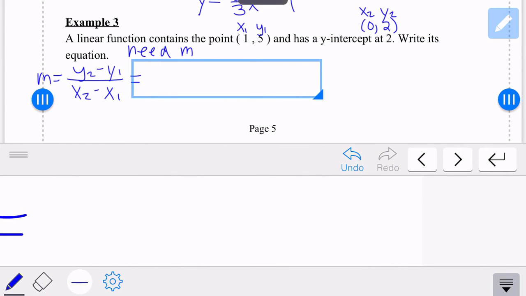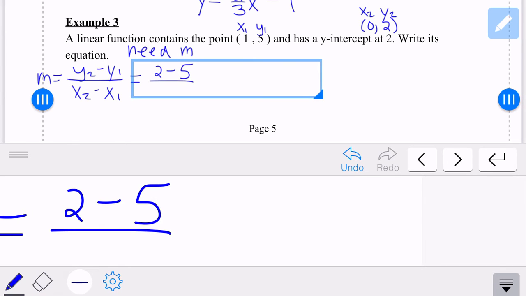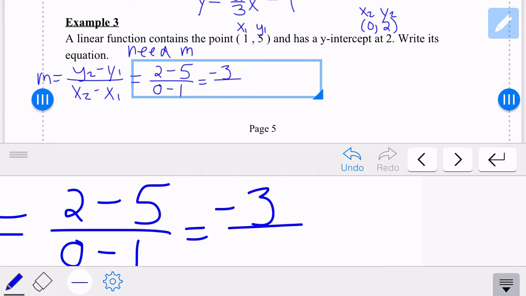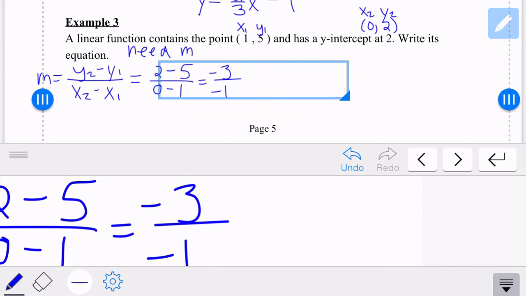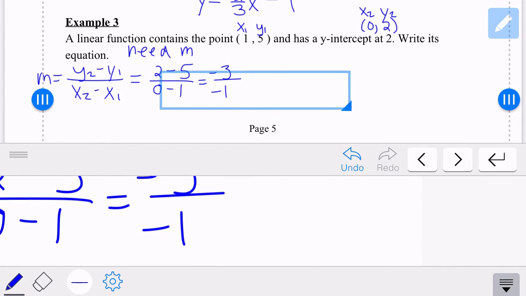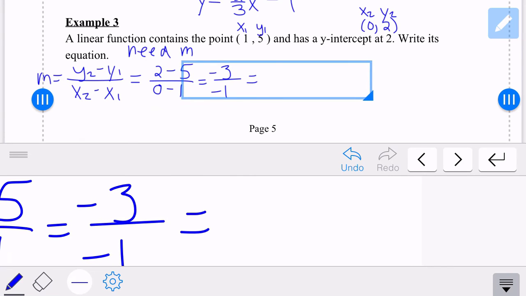So we're going to put that in. y2 minus y1, we've got 2 minus 5. x2 minus x1, 0 minus 1. That gives us -3 on the top, -1 on the bottom. So -3 over -1. 3 over 1 is just 3. A negative divided by a negative is going to go back to a positive. So our slope is 3.